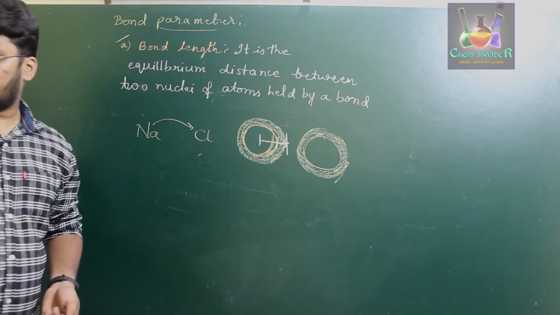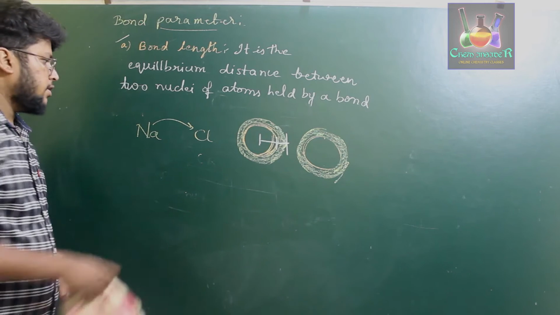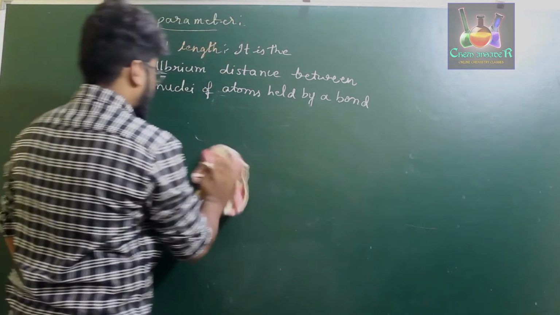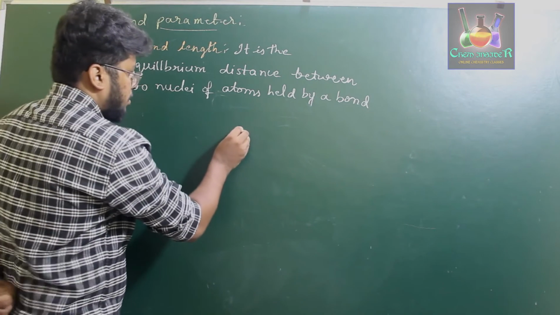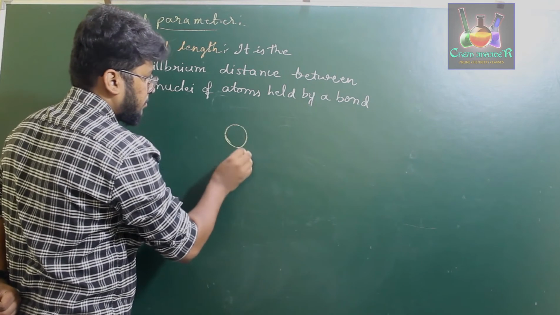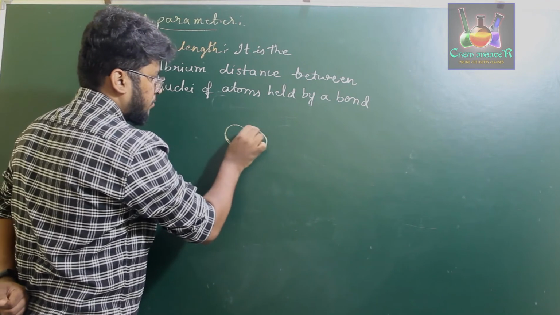Now, if you consider a chlorine molecule, in order to explain the valence shell, let us draw this particular structure from which you will get a clear idea. So this is a chlorine atom and this is one more chlorine atom.